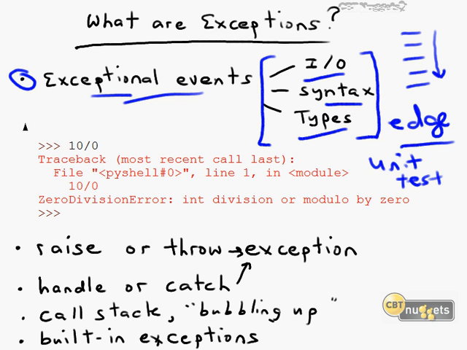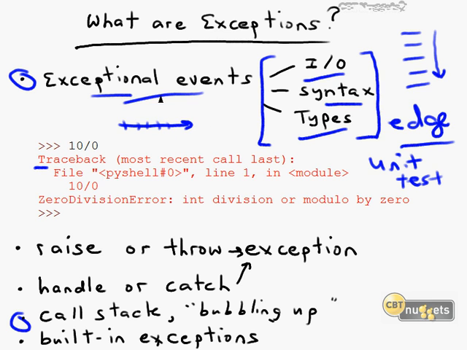Now, we've seen several times when we're working in the Python interpreter, for instance, what's called a traceback object. As you see in this example, we're doing division by 0, which is always in Python going to raise a traceback. What's being traced back is what's called the call stack. We're going to define the call stack in just a minute. But basically, your procedural program trucks along a routine at a time, an event at a time.